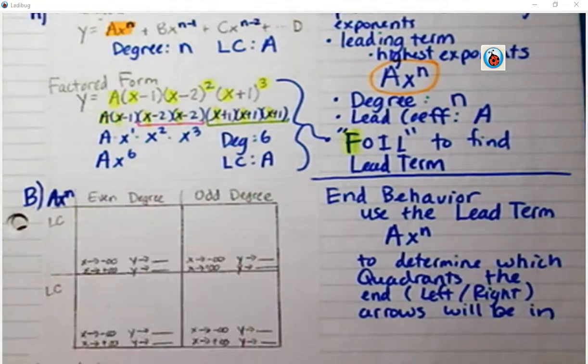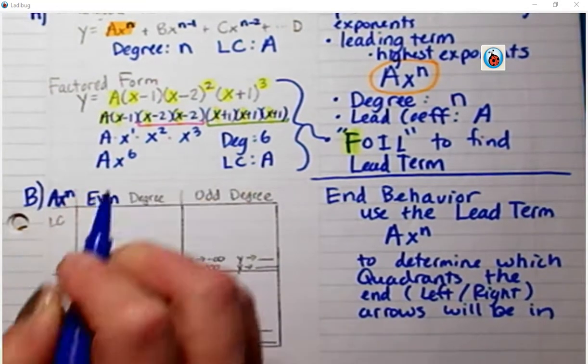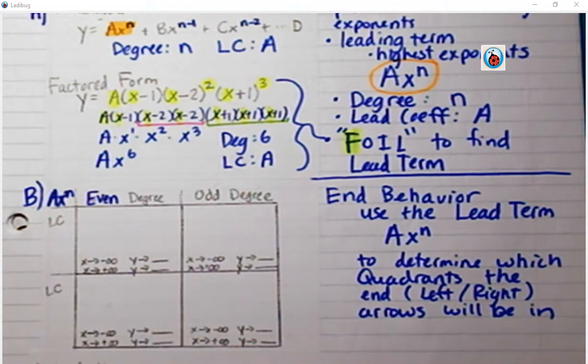Even. You guys ready? Parabola. Goes like this. 2 is an even number, right? Even degree.